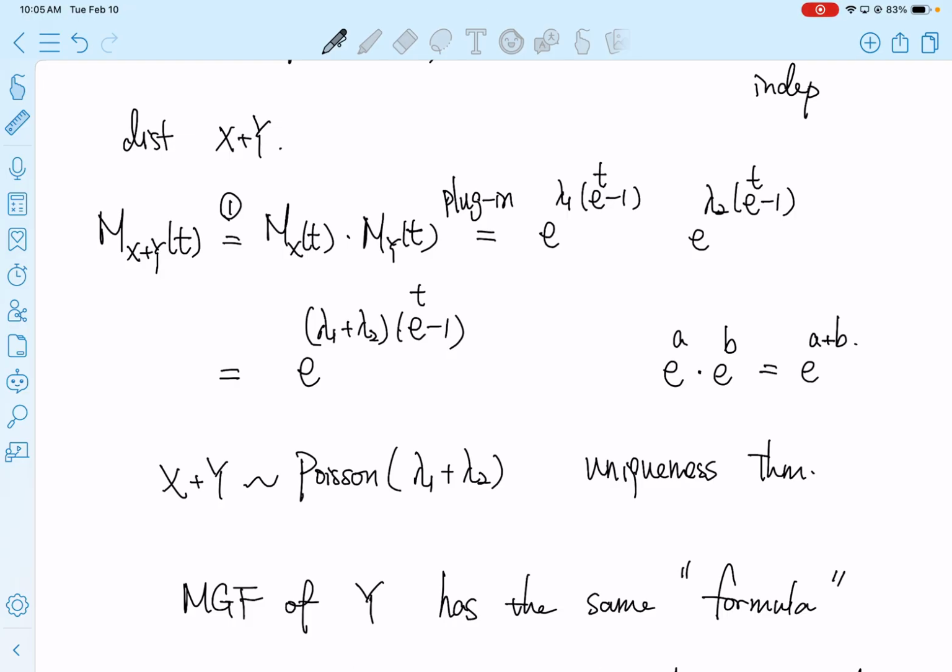Then we can claim that the sum of X and Y also follows a Poisson distribution, but the parameter could be slightly different. So in our case, by reading from the resulting moment generating function, we know that the parameter of that new distribution is lambda 1 plus lambda 2.